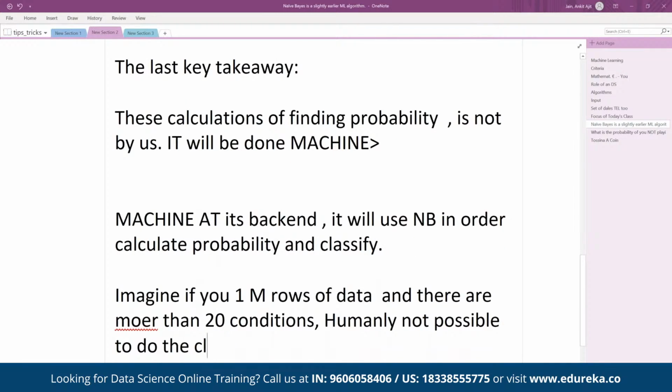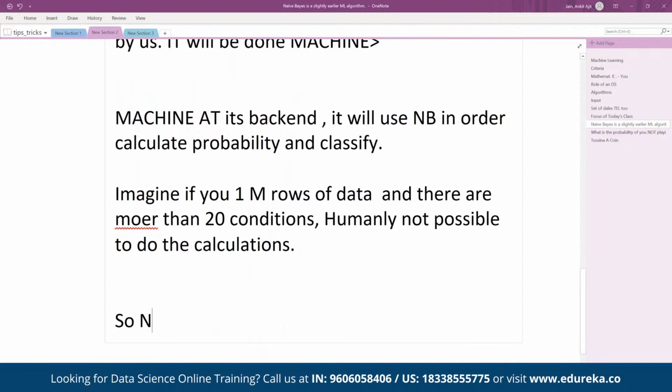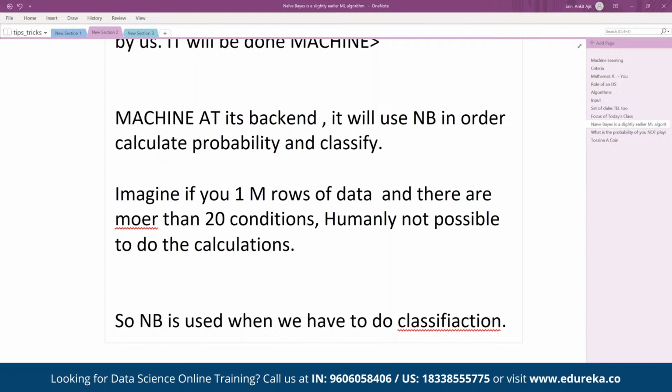Who will do the calculations for us? The machine will do the calculations, and it will do it within split seconds. Okay, so Naive Bayes is used when we have to do classification, and the machine can do it very fast.